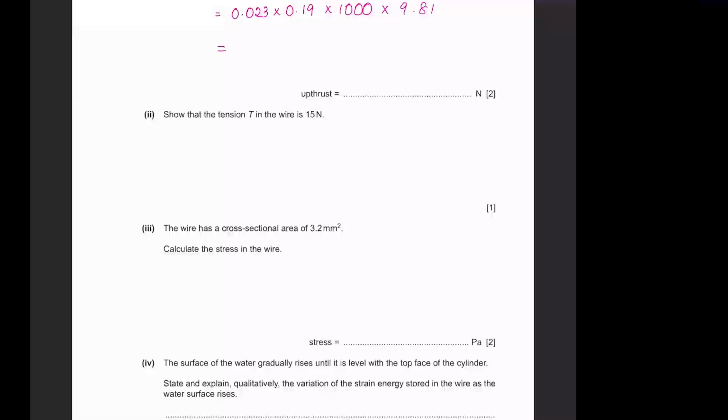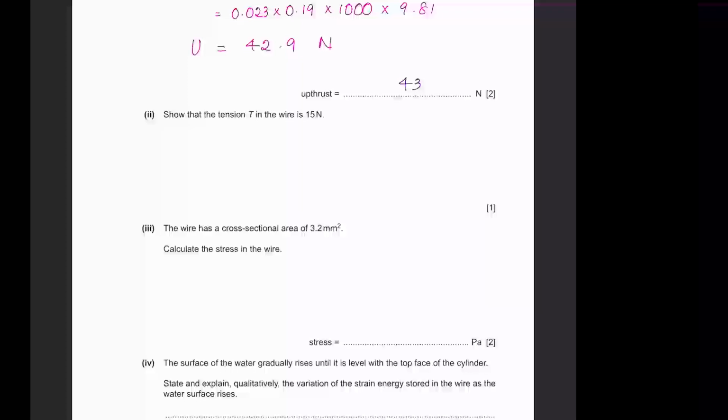So that will give you the upthrust, 42.87 or 42.9 newtons. We give the answer to two significant figures in the answer space, which will be 43 newtons.